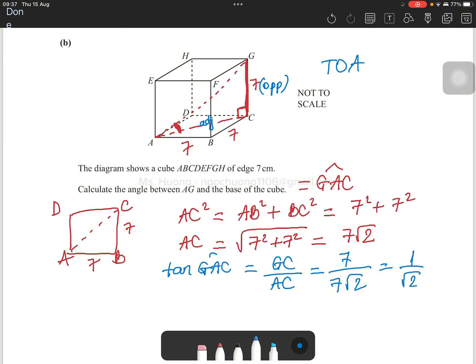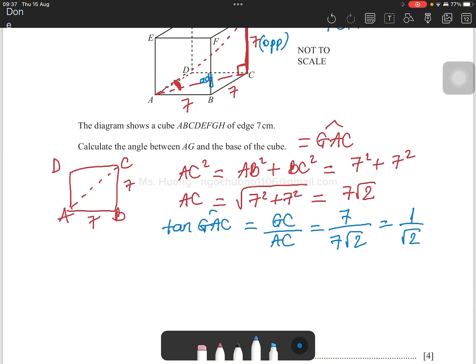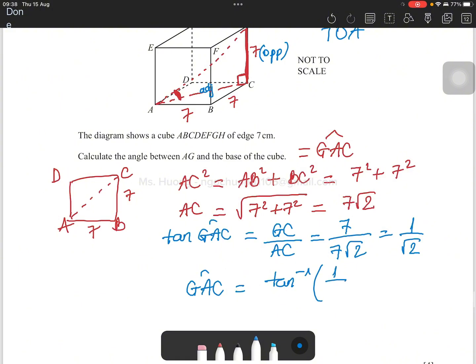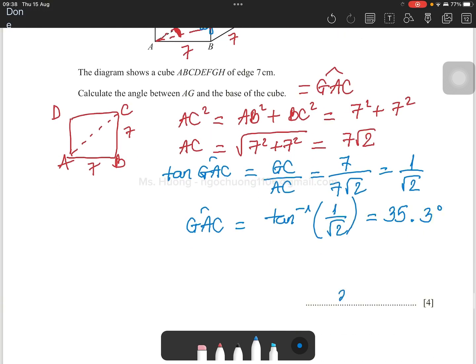So this is equal to 1 over root 2. And GAC is equal to the inverse of tan, 1 over root 2. So it is equal to 35.3 degrees.